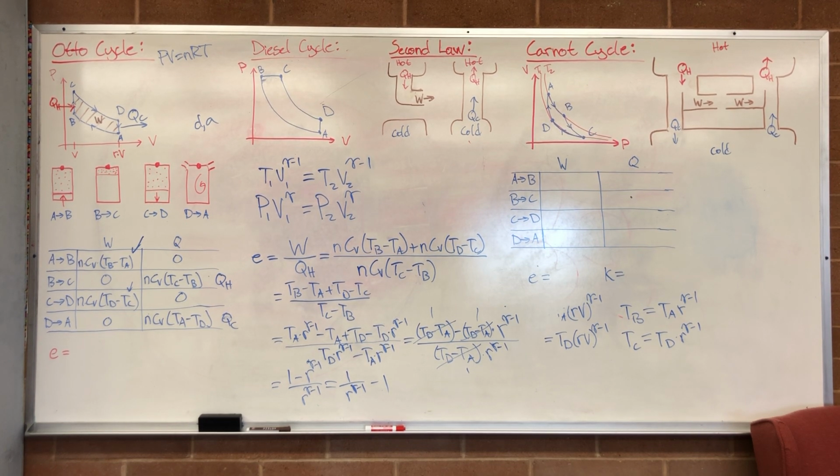Let's see. See, I have a TC as a positive. He has TC as a negative. Why is TC negative?